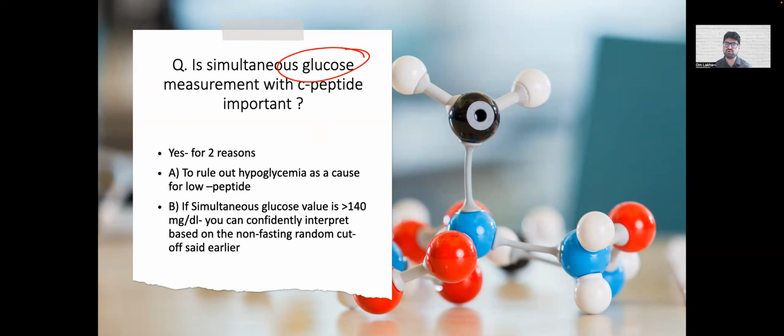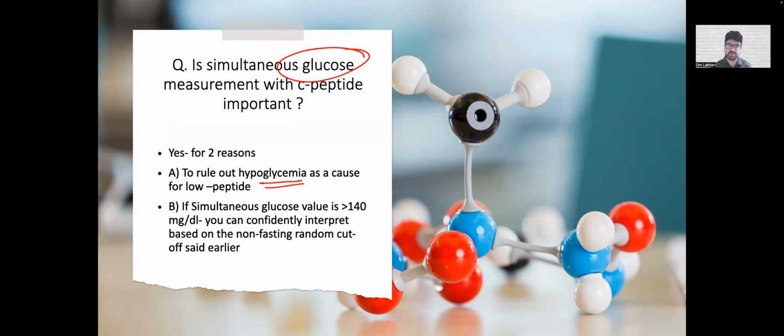Why is simultaneous glucose measurement necessary? Because of two reasons. One, let's say you do a random C-peptide and the patient is having hypoglycemia at that point of time. What will happen when the patient has hypoglycemia? The endogenous insulin production will reduce. And because the endogenous insulin production will reduce, the patient will have low C-peptide, which will give you a false low value. So it is very important that you simultaneously send the glucose sample as well.